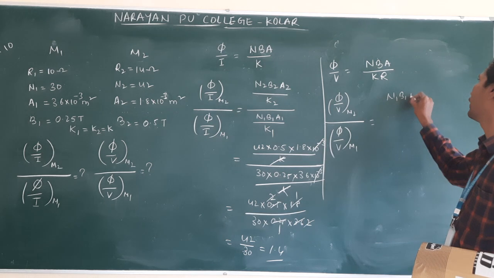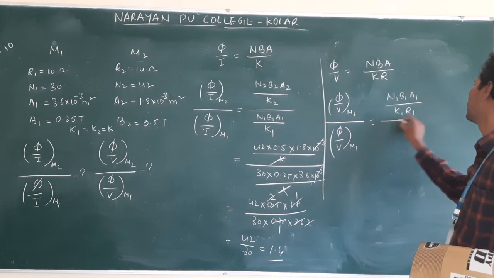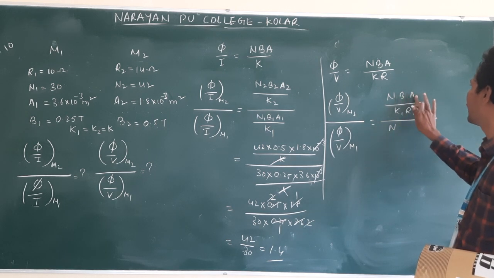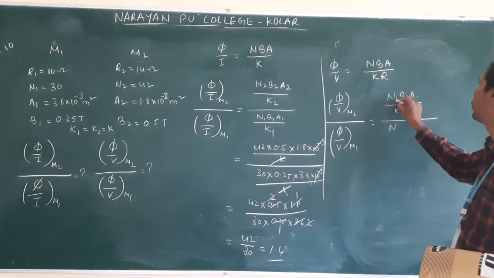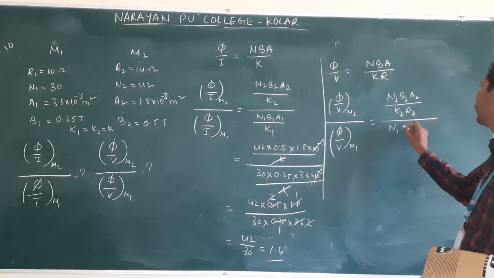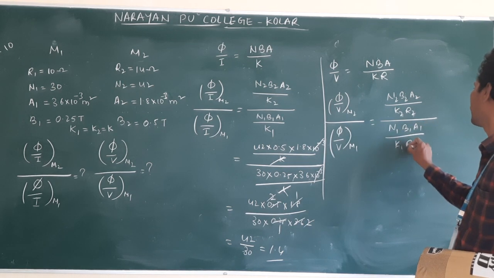N1 B1 A1 by K1 R1 total by, this is the first one, second one we take first. So N2 B2 A2 by K2 R2 by N1 B1 A1 by K1 R1.